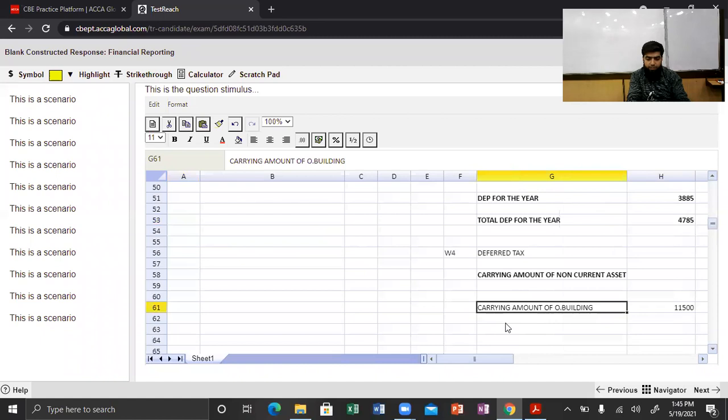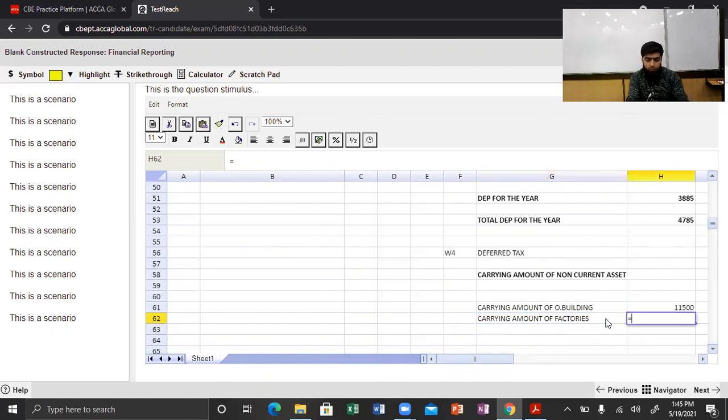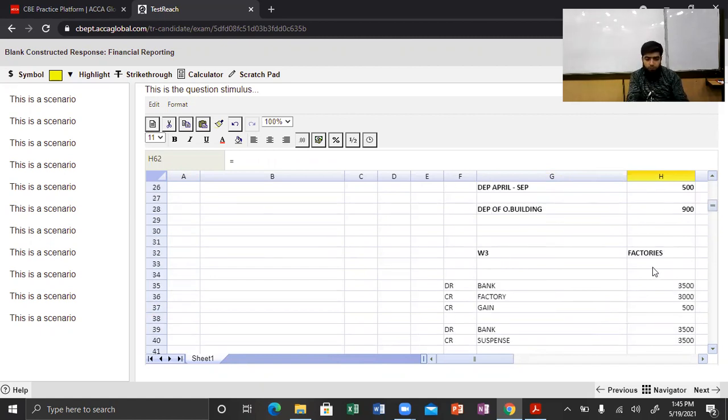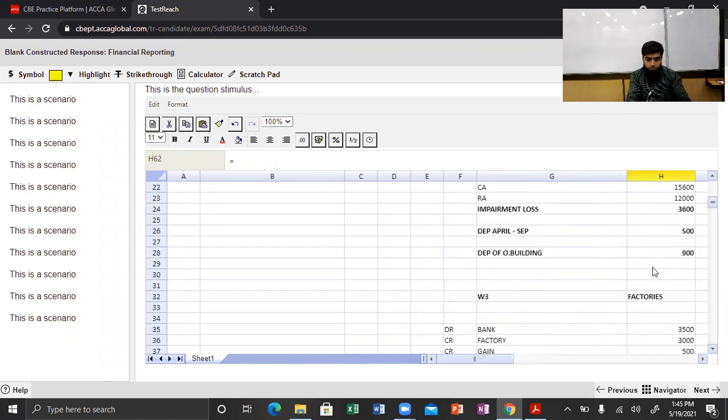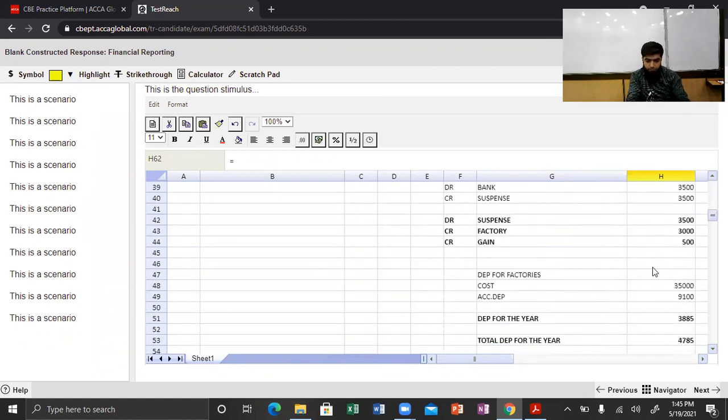Now let's find out the carrying amount of factories. How are we going to calculate it? We have calculated the depreciation for factories.